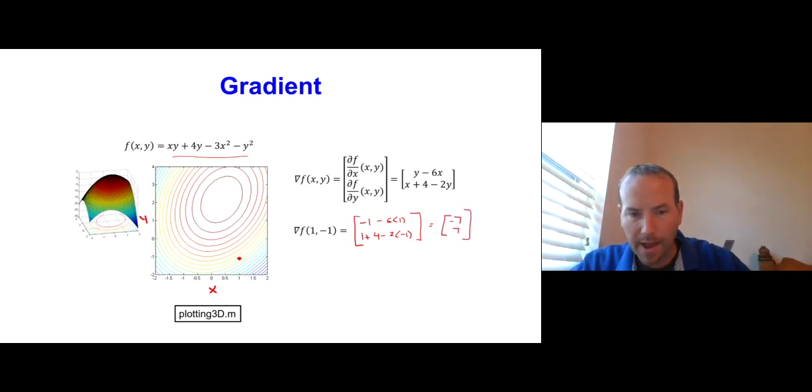So that's evaluated at this point of 1, -1. What that looks like is that it's pointing uphill, telling us it's steeper if you go that way. That's what the gradient is telling us.